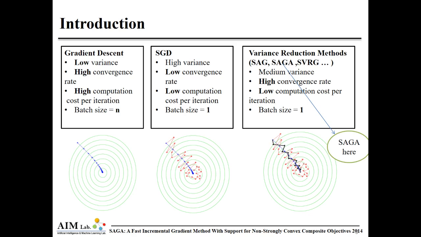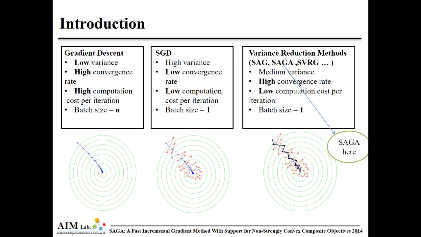Stochastic gradient descent appears to solve this problem. Stochastic gradient descent only yields path size equal to 1, so it has low computation cost per iteration in the trade-off with low conversion rate due to high variance.